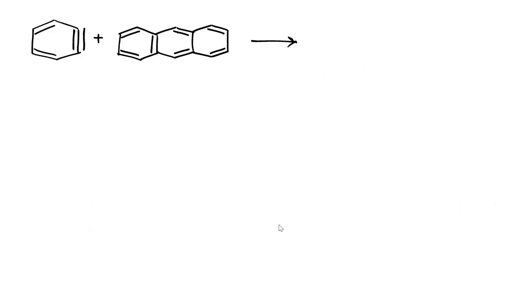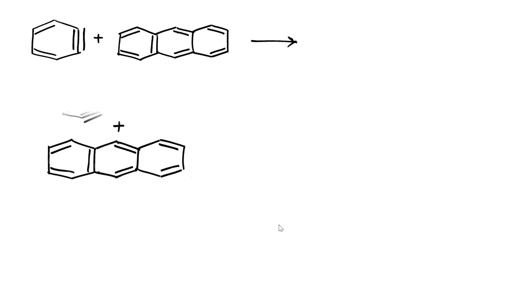See the next one. It is the most important reaction, benzyne reacted with anthracene. It is also a Diels-Alder reaction. I have written only a simplified form. This is a benzyne molecule containing three bonds, and this is simply an anthracene molecule. Now the 9 and 10 positions are much more reactive.